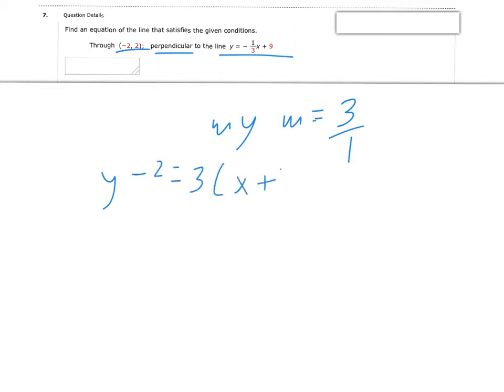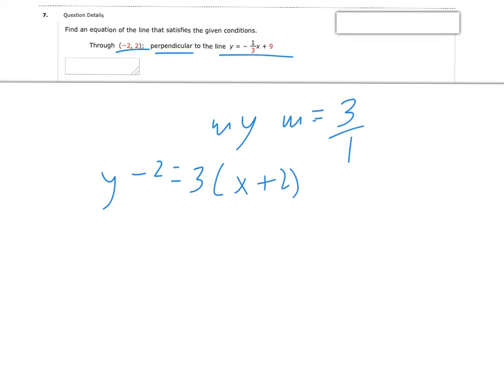All right, next up here we got a perpendicular line. And so perpendicular to this line would mean that my slope is going to be the opposite reciprocal of theirs. So their slope is negative 1/3, then mine is positive 3 over 1. And I'm going to go through this point. So I'm going to do the point-slope form here. So I'm going to say y minus y1 equals m times x minus x1.